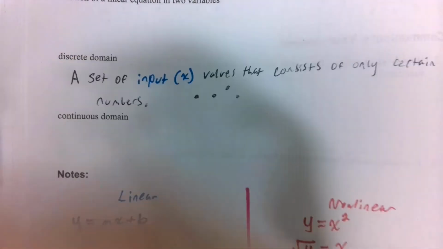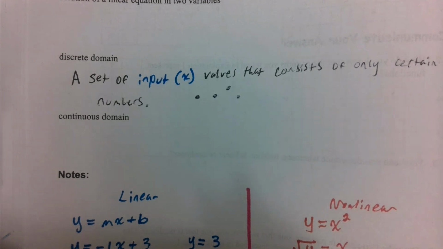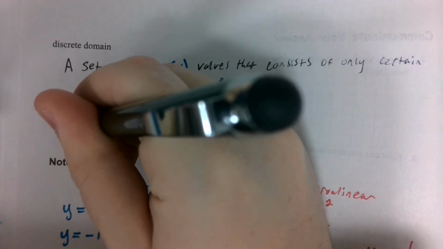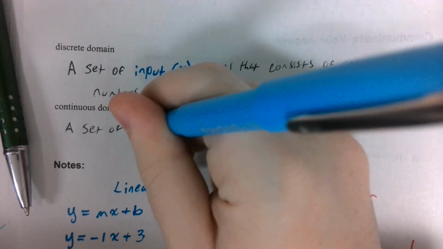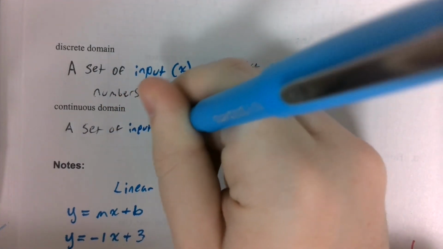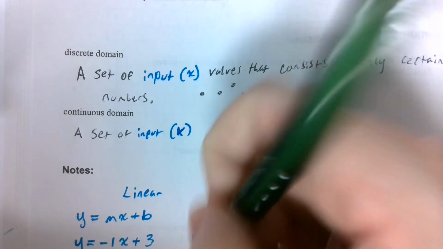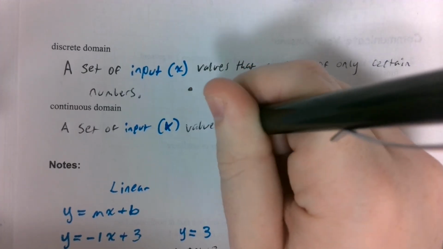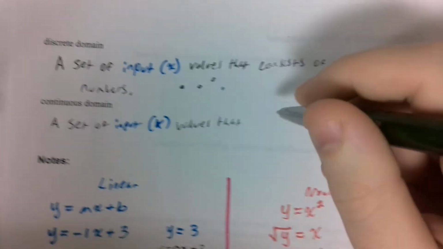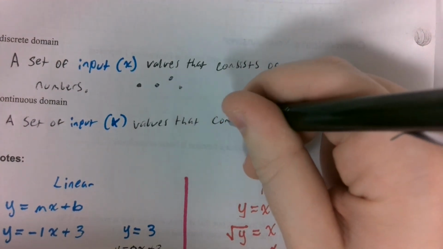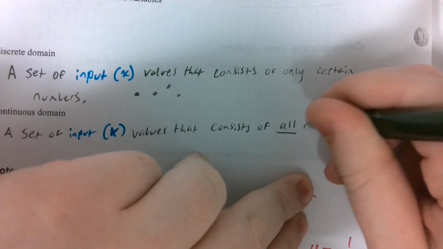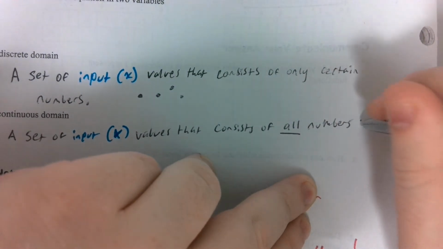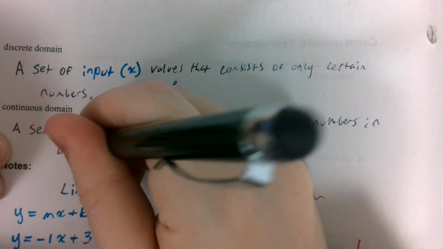A continuous domain is similar, but instead of being dots, it's when you end up with lines. So a continuous domain is a set of, once again, input x values that consists of all numbers in an interval.